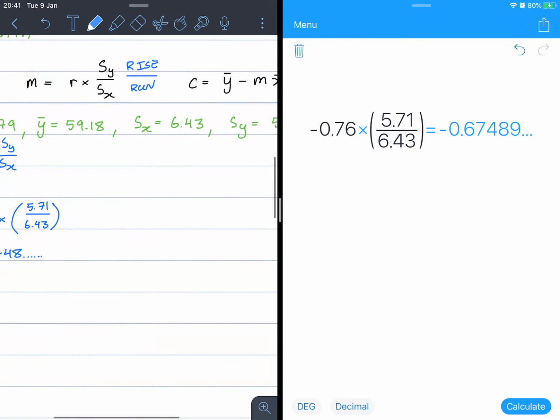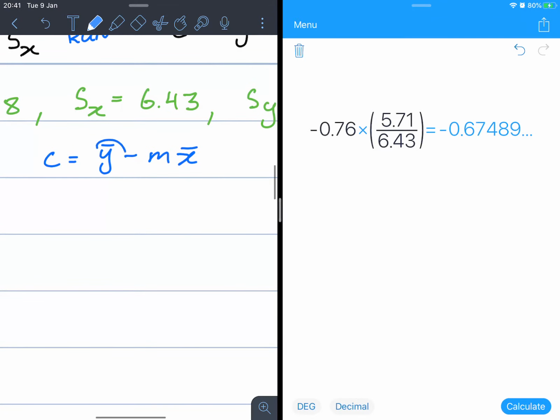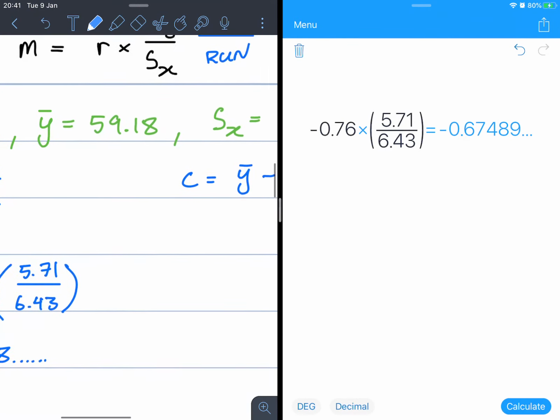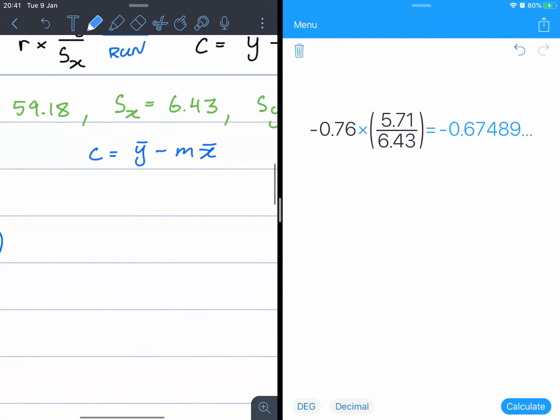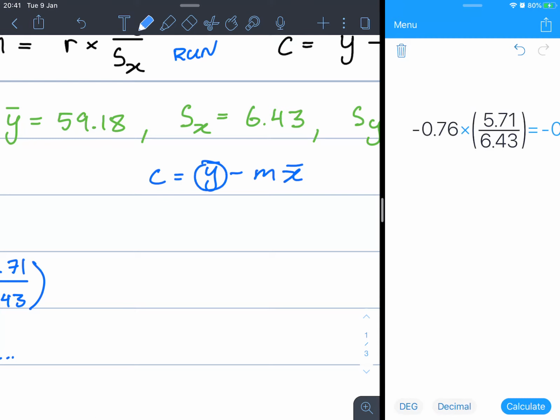Let's now calculate the value of c. Let's write this down again so we remember. c is equal to y bar minus m times x bar. Y bar, the mean of the y values, is 59.18, listed here in the question.